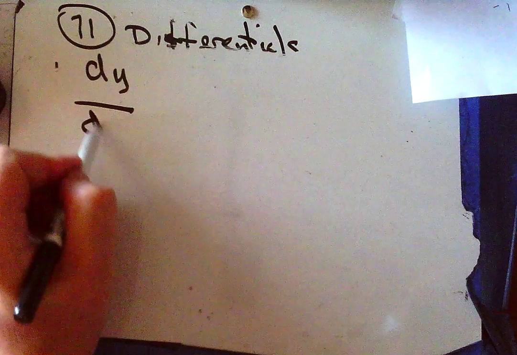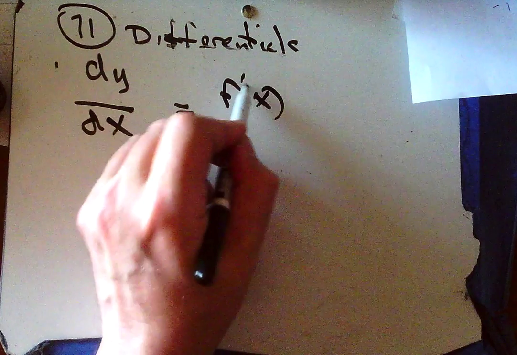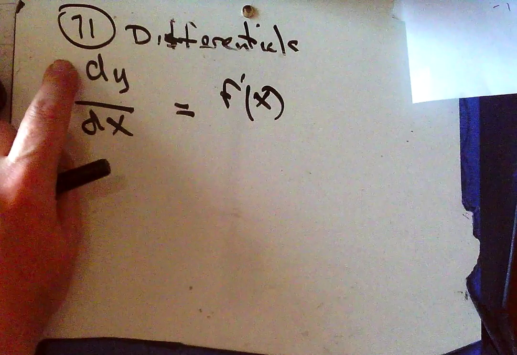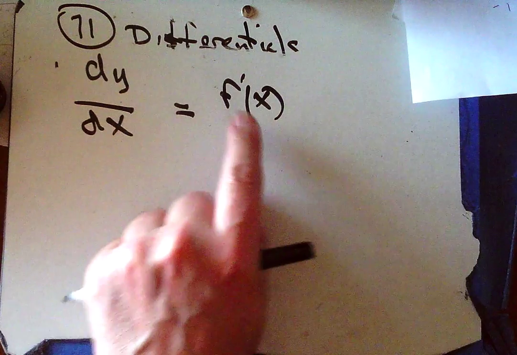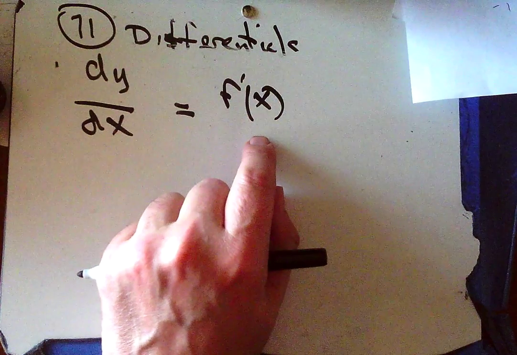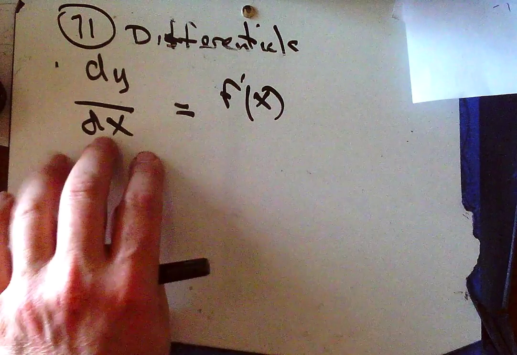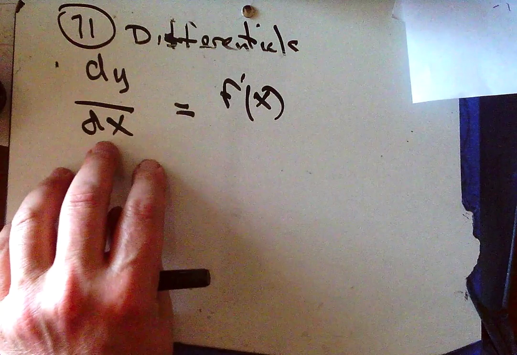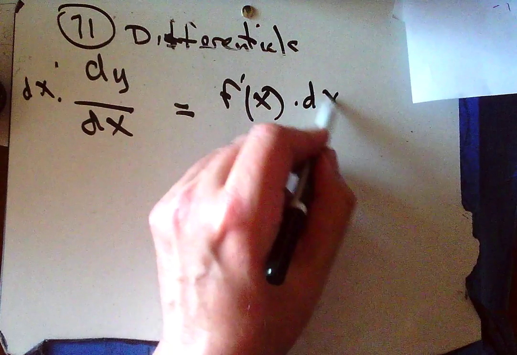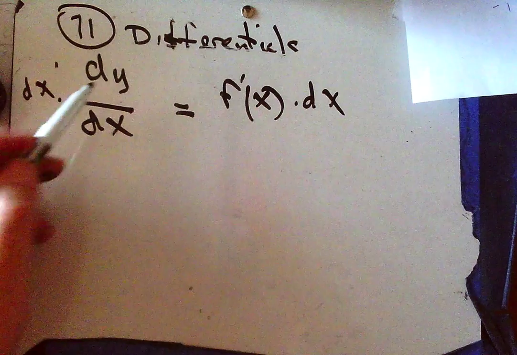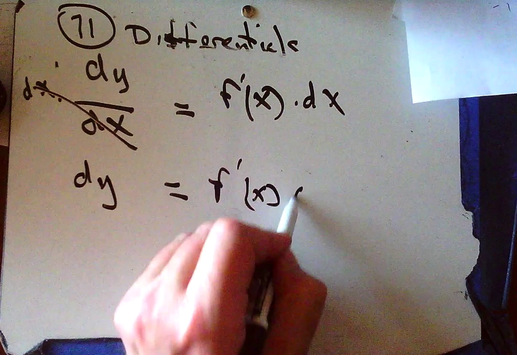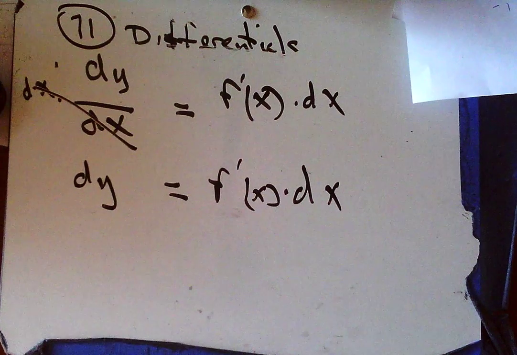Remember this, dy dx equals f prime of x. And we've always said this as dy dx equals f prime of x. Well, how about this? Maybe we shouldn't call it dy dx, because if I multiply both sides by the differential dx, I get dy equals f prime of x times dx.